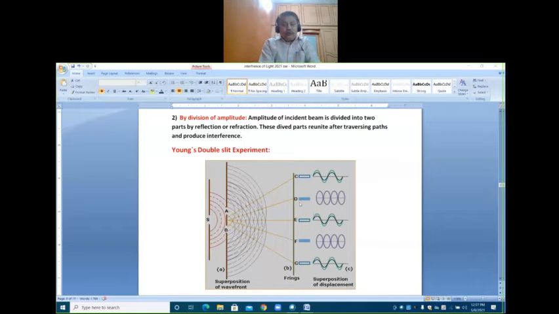Now if you look at this point and this point, this is a line drawn by all points where a crest is falling on crest, and this is the line where a trough and crest cross. Upper side it is plus a, lower side it is minus a, so intensity gets cancelled, so it is a dark point.